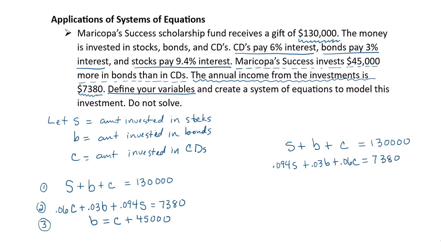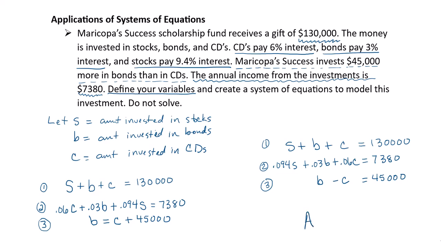And then on that third equation, I don't have S, but I do have B, and it would have to be a minus C once you get it to the left side of the equals sign, and that's going to be 45,000. And then you can go ahead and solve those using the elimination method that we just did.